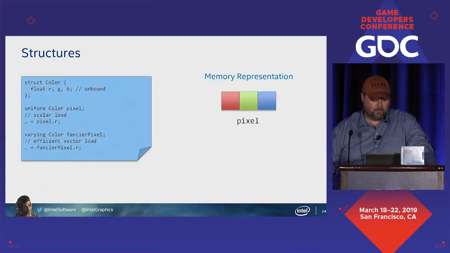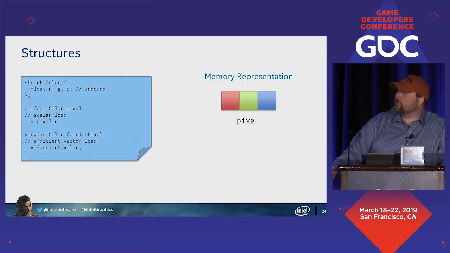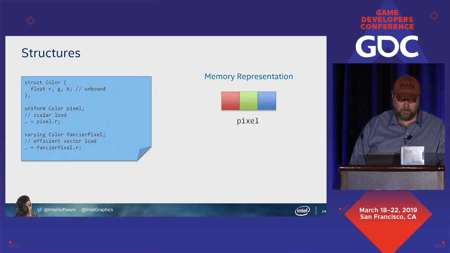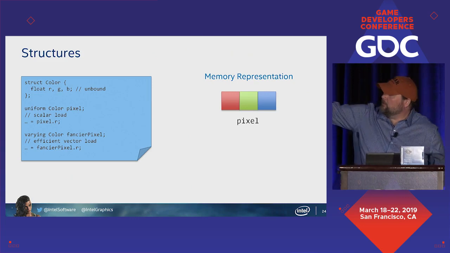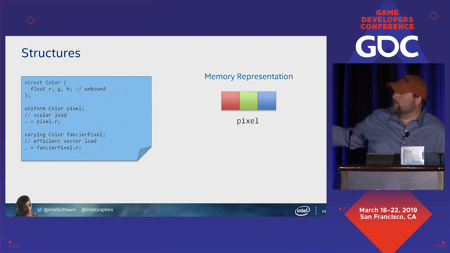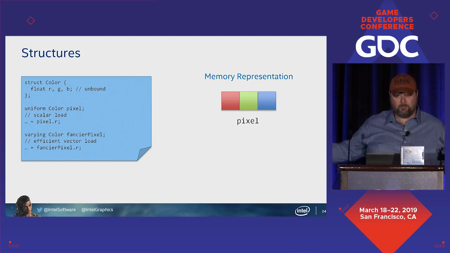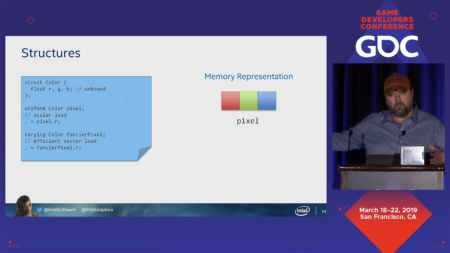So what does that look like? All right, so we've got color here, R, G, and B float members, and then we have 2 different instantiations of this struct. We have uniform color pixel, with R, G, and B, and this is how, if we had an array of these pixels, that memory would be laid out.